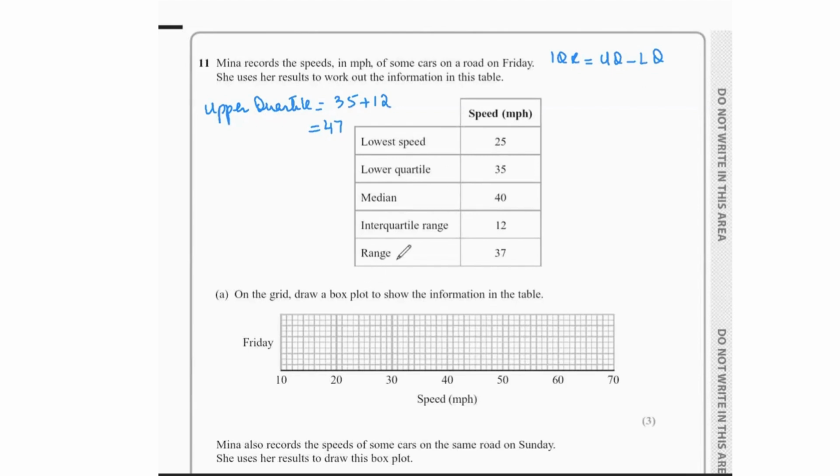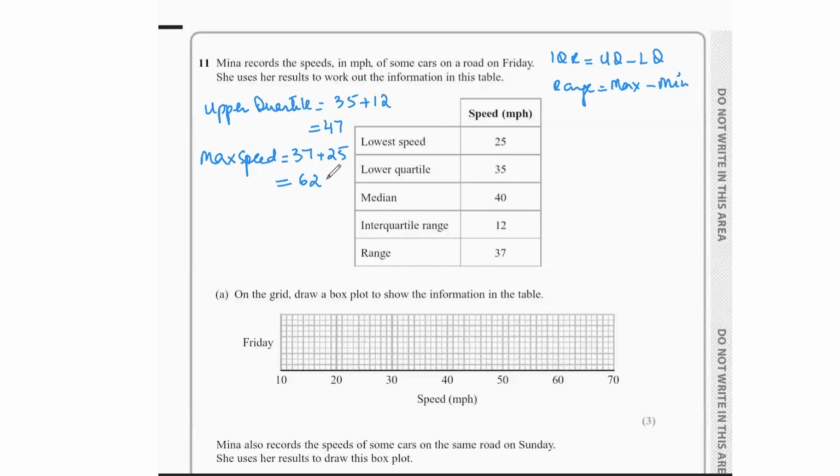Then we need the maximum speed as well. Range is your max minus min, and we have the minimum speed. So maximum would be range plus minimum. So max speed is going to be 37 plus 25, which is equal to 62.